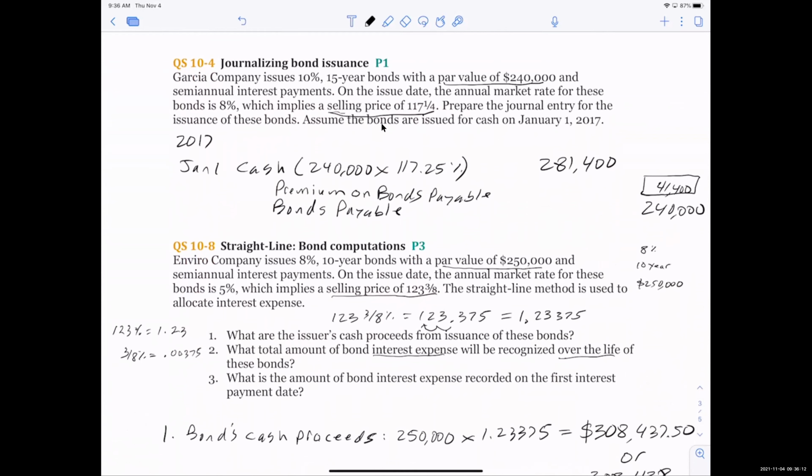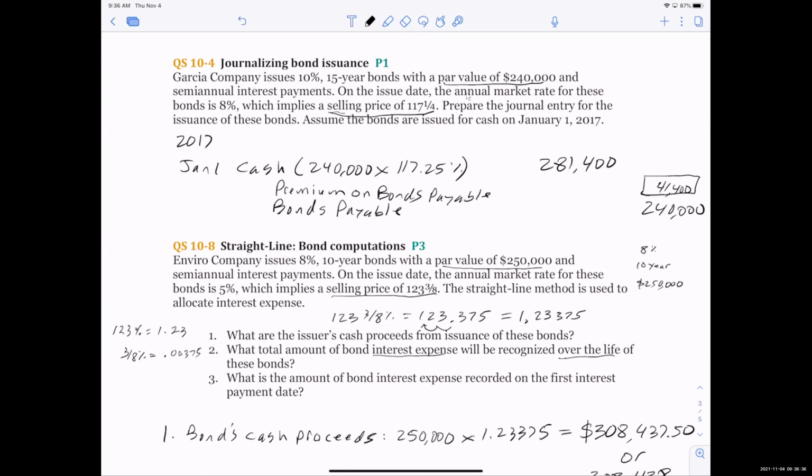Now, we are now going to talk about premiums. Premiums, okay? So notice here that Garcia is issuing 10%, 15-year bonds with a par value of $240,000.